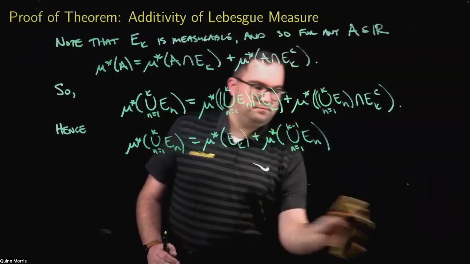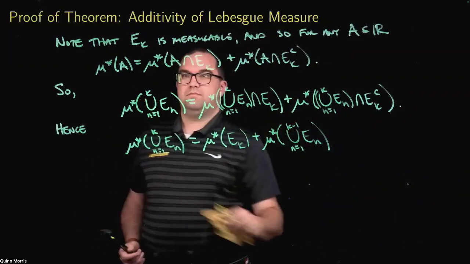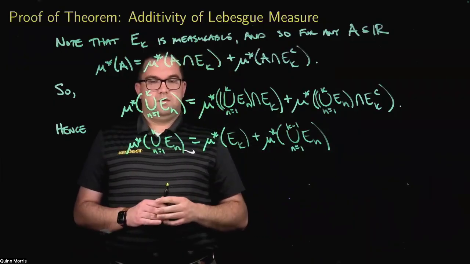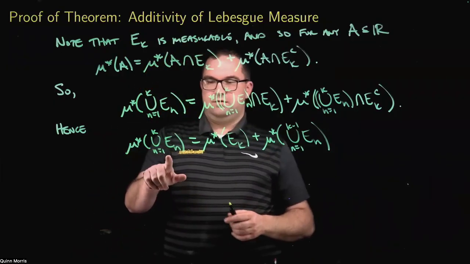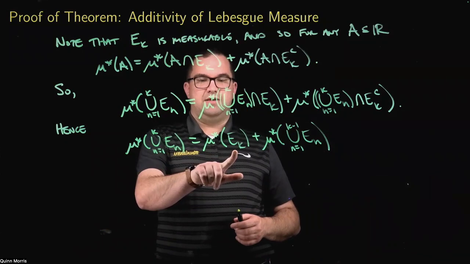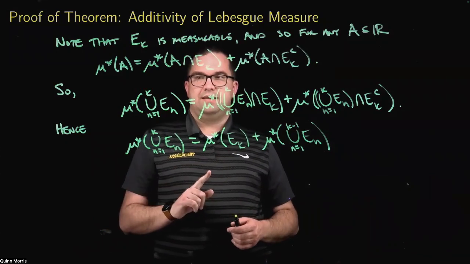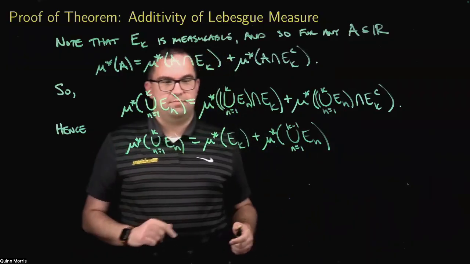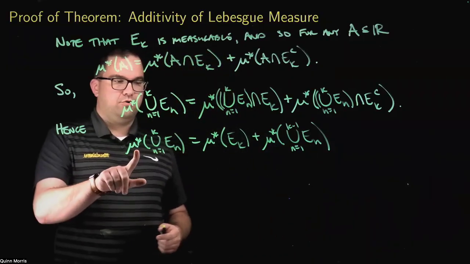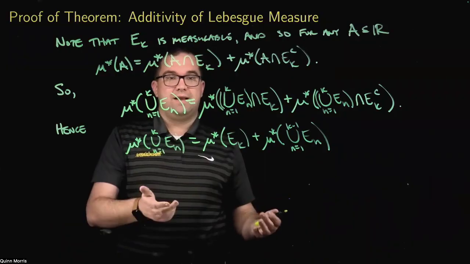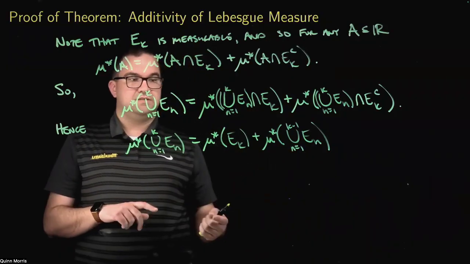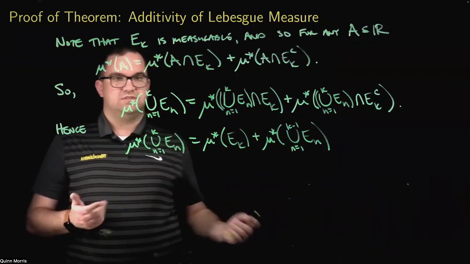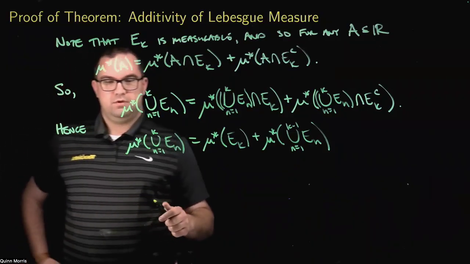Now, notice that the EK is measurable, and each of the ENs is measurable, so each of these unions is also measurable. So the outer measure is actually equal to the Lebesgue measure because these are measurable sets. They're either measurable sets or unions of sets that we know are measurable.